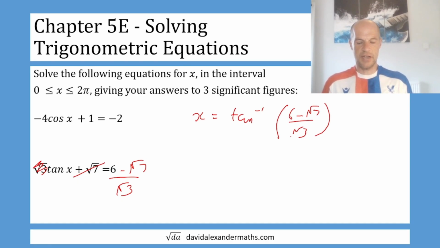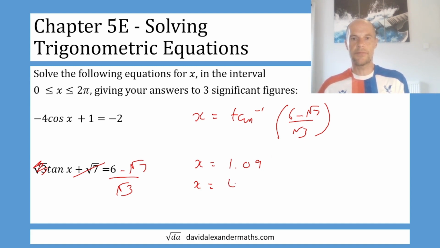So 6 minus root 7 equals, divide by root 3 equals, this is how I type it into my calculator, you might do something different, shift tan answer equals, so my first solution is 1.09, and with tan, remember we're adding pi every time, so add pi onto that, so that's going to be 4.24. So that was plus 1 pi. If I add another pi, then I'm adding 2 pi to something that is positive, which would take me beyond that upper limit. So there's only 2 solutions, 1.09 and 4.23.